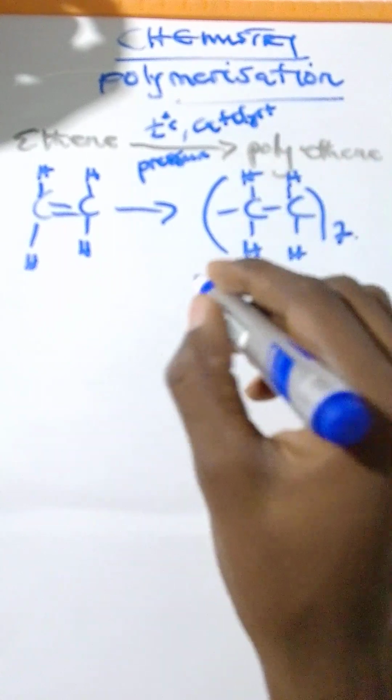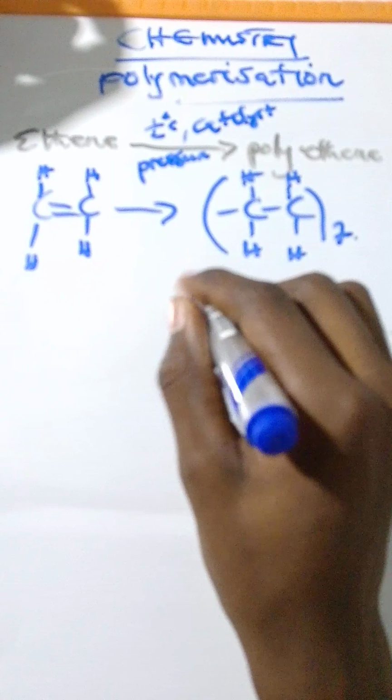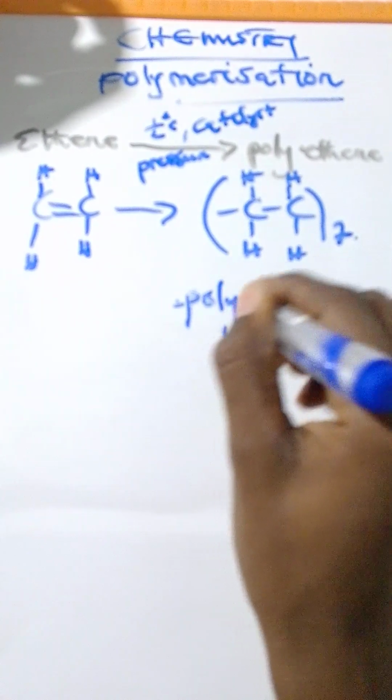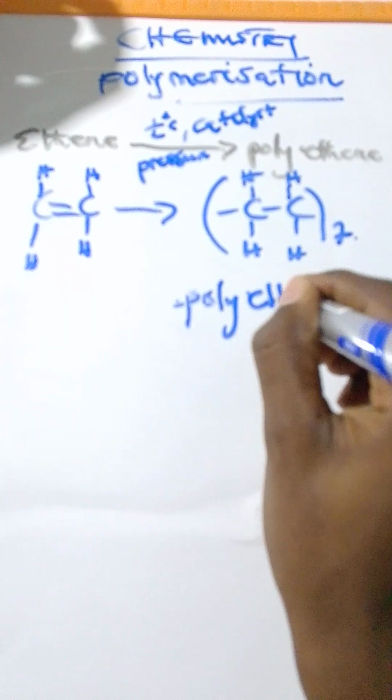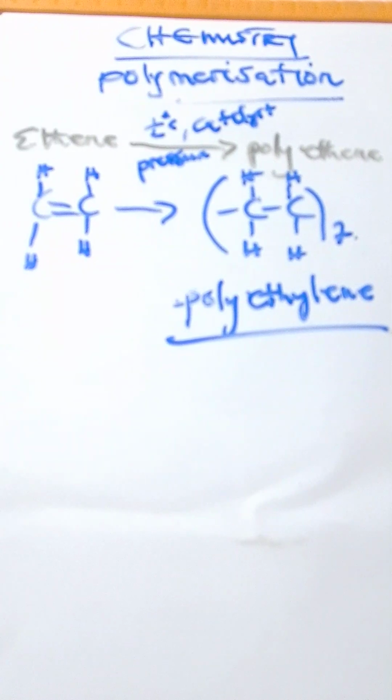Then the trade name for polyethene is polyethylene. Polyethylene is a trade name for polyethene.